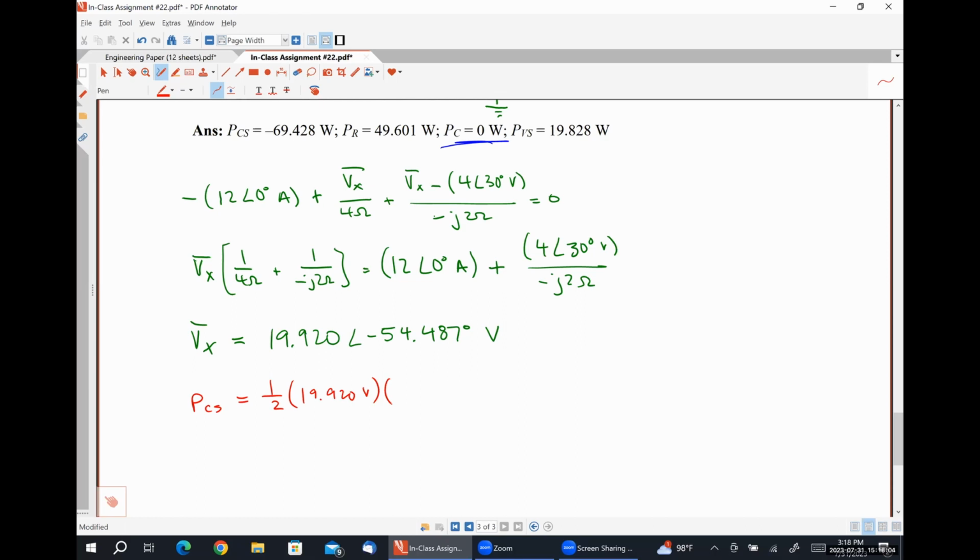The magnitude of the current is 12 amps times the cosine of theta V. So that's going to be -54.487 degrees plus 180 minus theta I, which was 0 degrees.